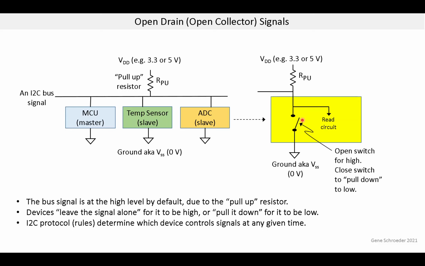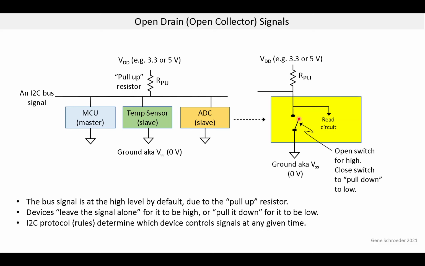But if it closes the switch, that will connect the signal to ground and make it low. So the switch overpowers the pull-up resistor. So these devices can control the level of the signal and can also read the level of the signal. And this is how data is transferred. One device is controlling the signal and another device is reading it.